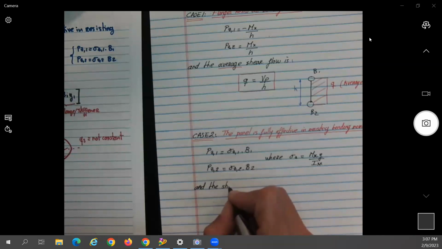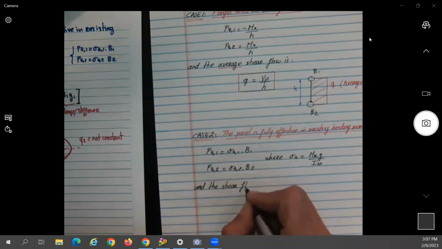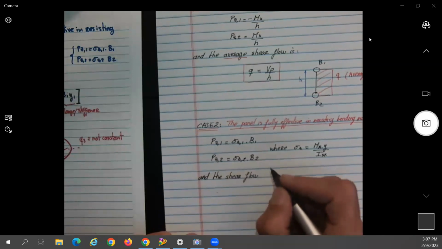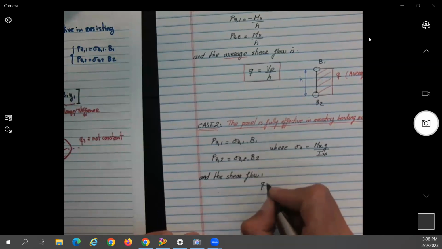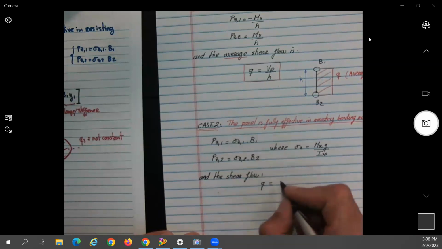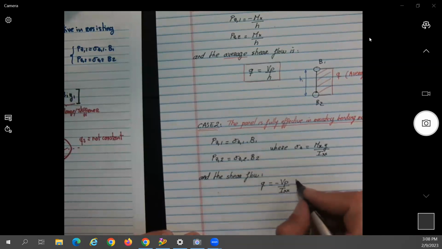The shear flow Q in this case will be equal to the expression we use, will be minus V panel divided by Ixx of what?